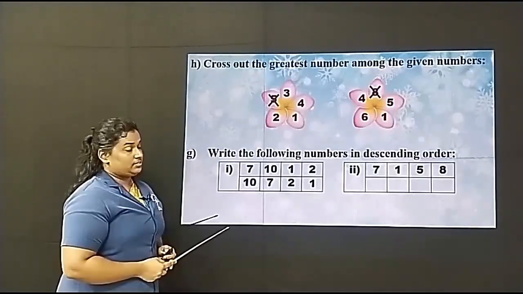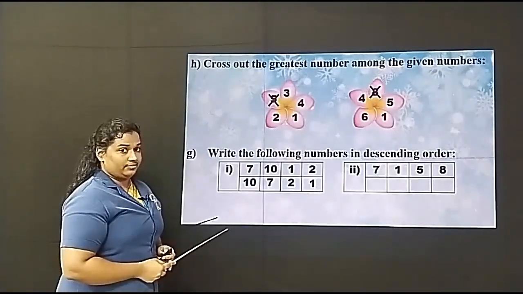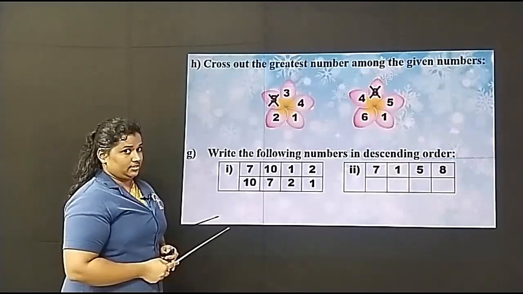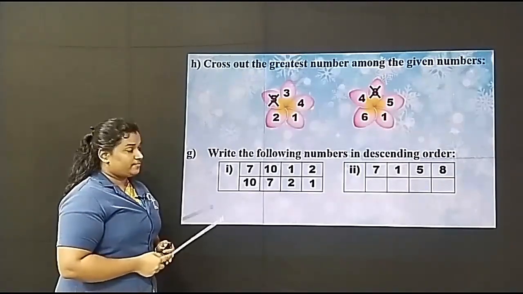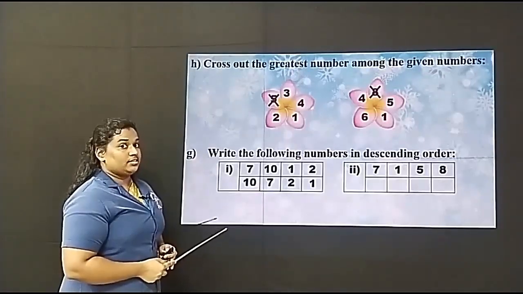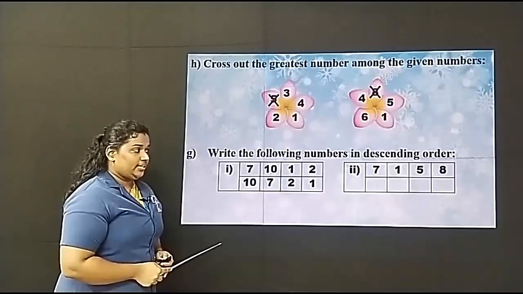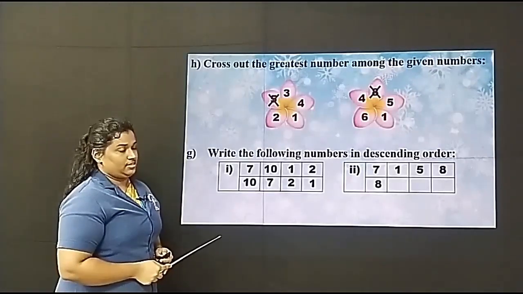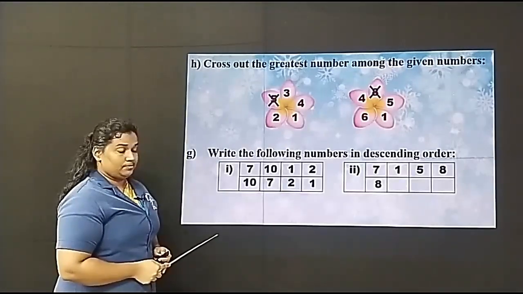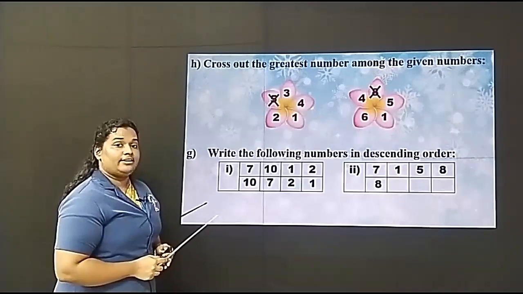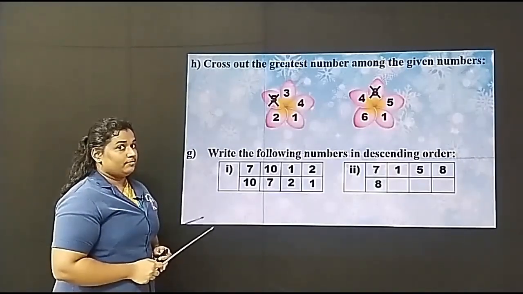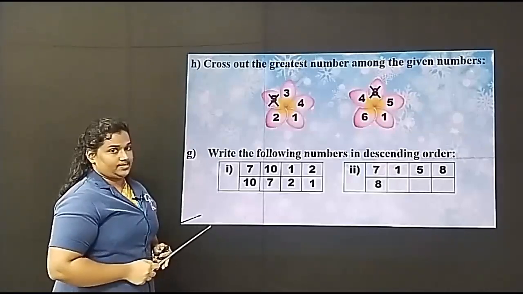Among the given numbers 7, 1, 5 and 8, which number comes first when we are writing in descending order? Yes, 8 comes first. Now we are left with numbers 7, 1 and 5. Which number comes next?